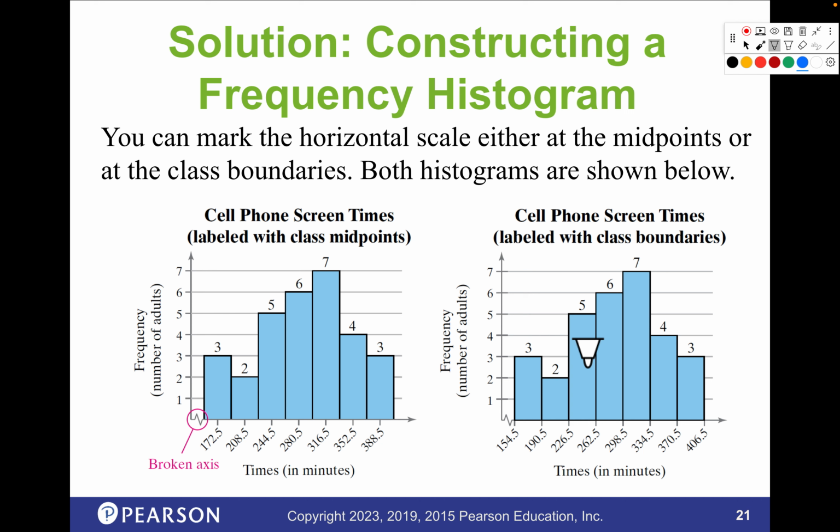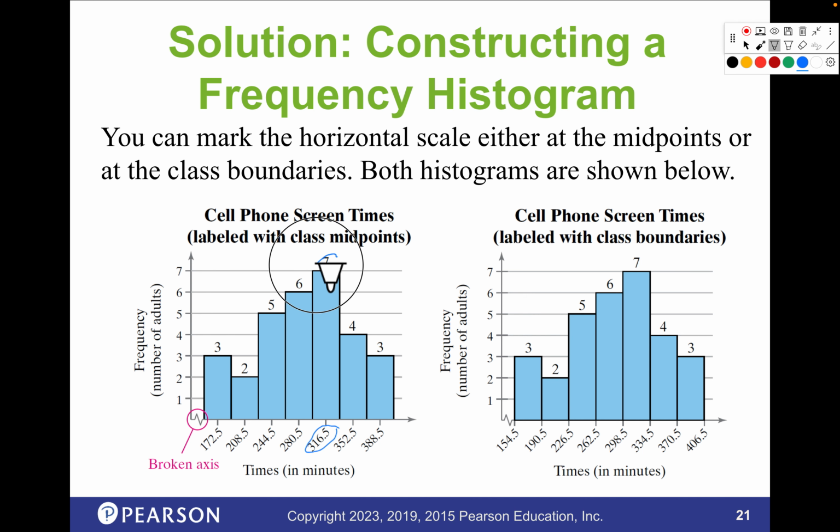We're going to see that these are really easy to create once we have a frequency distribution table set up in Google Sheets. You just insert a table and copy things over. It's pretty straightforward, and it will work through getting all of this. But you can see it's got the frequency here, and you can see this bar here that represents, and again, they're using the midpoints here, 316.5.